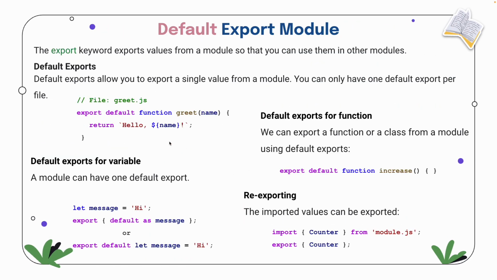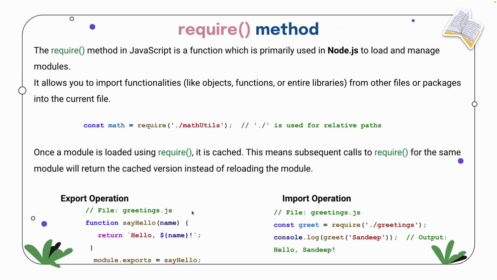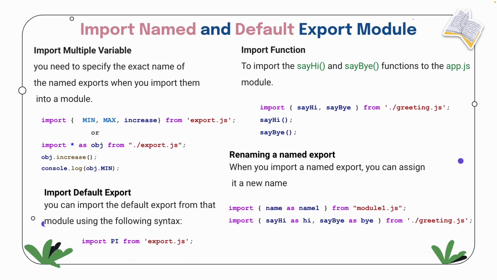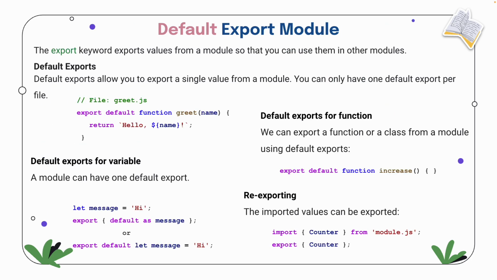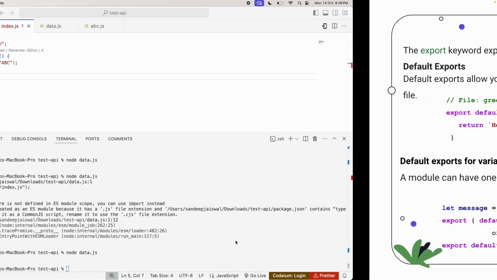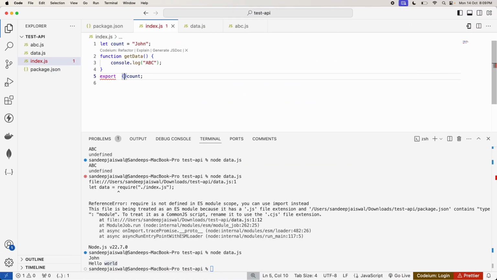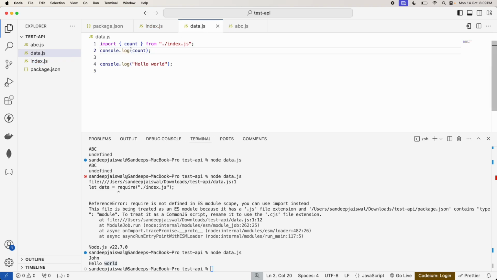See, export. Okay, maybe we have to write it in curly braces only. Okay, let's see, no problem, it's fine. Let's make it. So here we can just write count and let's see.